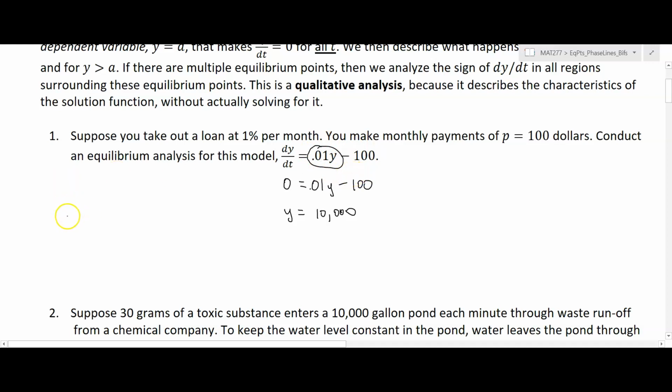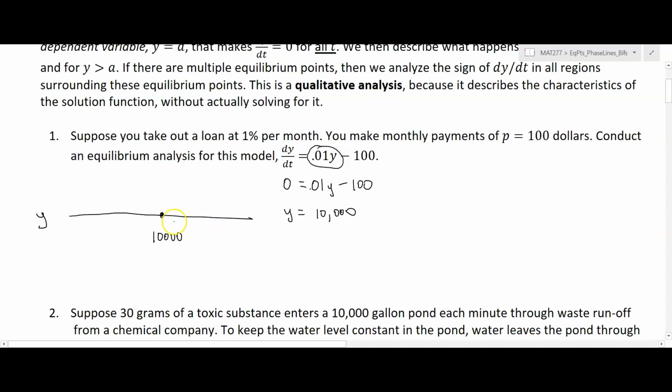Now, if we do a first derivative style test, and we draw a number line here, and say that this is really the y-axis, and that when y is $10,000, we are in equilibrium. That is, the balance is not changing. But what happens if y is just slightly bigger than 10,000?